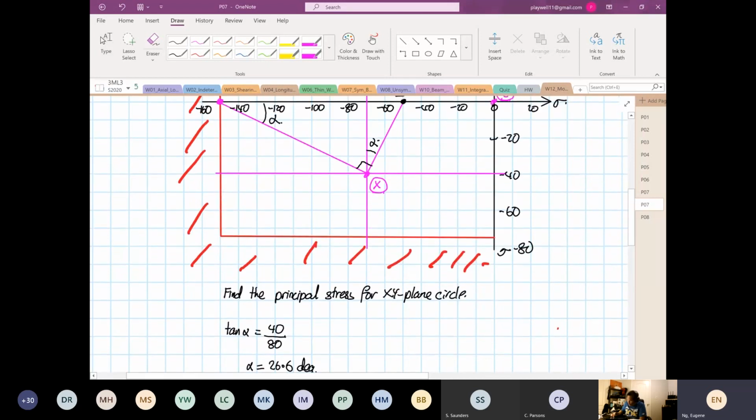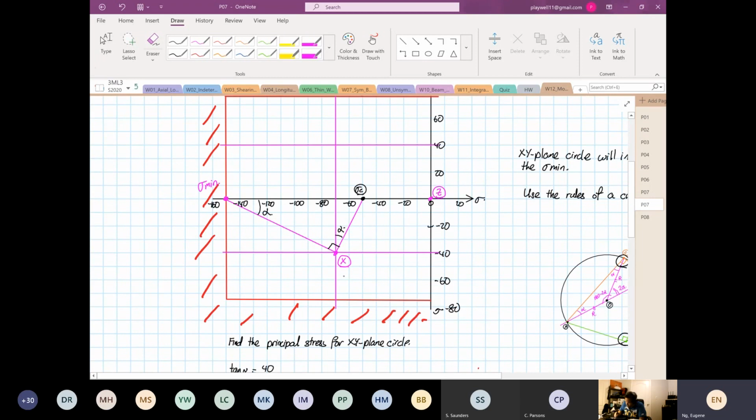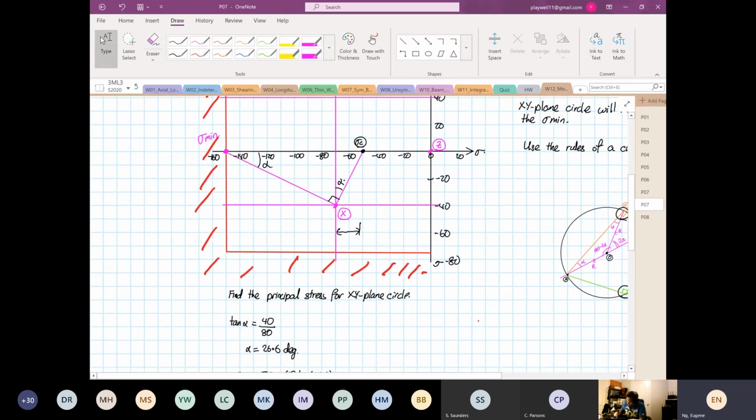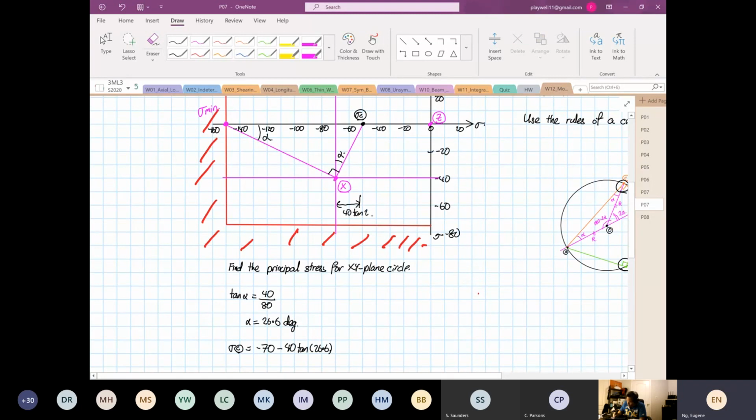So stress C is equal to minus 70, going towards the left hand side. I'm going to use tangent again. Tangent alpha, so 40 times tangent 26.6 degrees, because the distance from here to here is equal to 40 tangent 26.6.